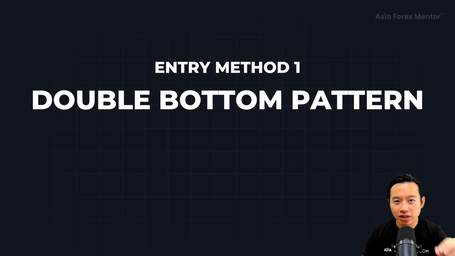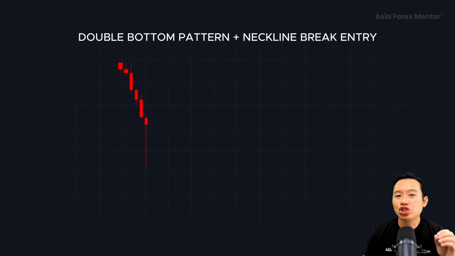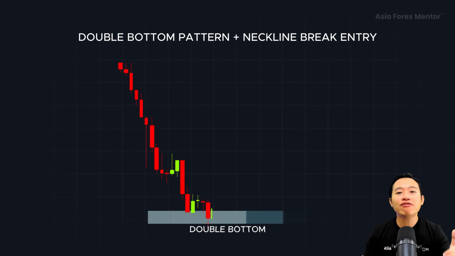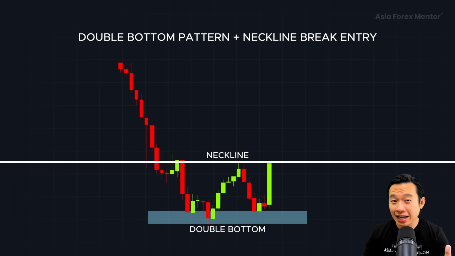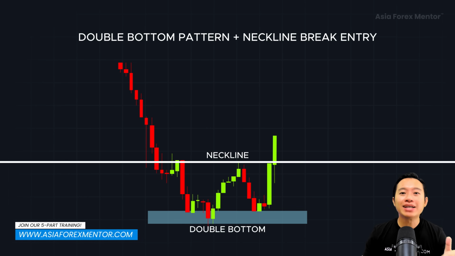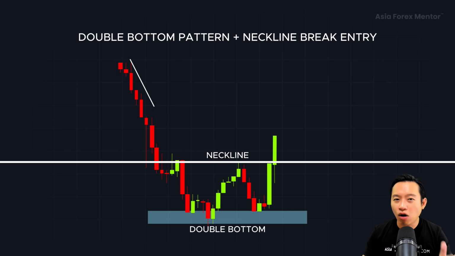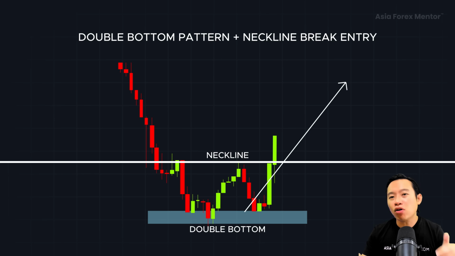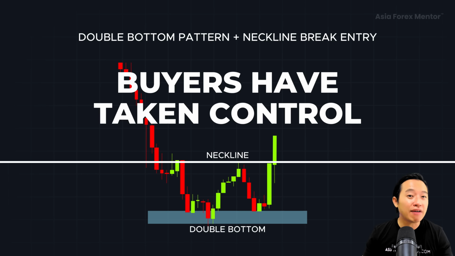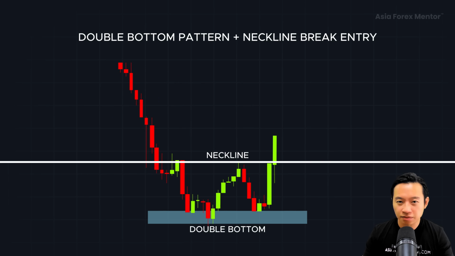Here's the double bottom plus neckline break entry. Here's how to trade this neckline break entry. After the double bottom pattern forms, you want to focus on the neckline between the two bottoms. When the price breaks above the neckline, it strongly indicates that the downtrend is over and a new trend is forming. The breakout confirms that the buyers have now taken control and is also your cue to enter the long trade.